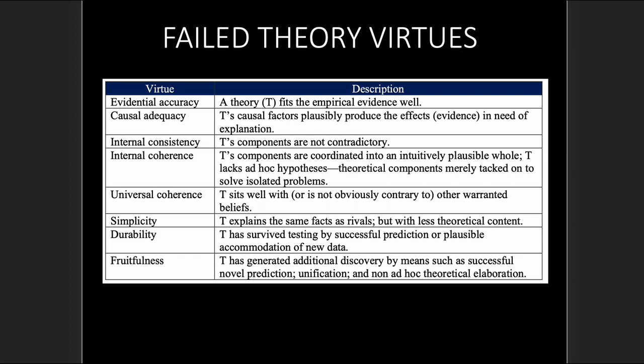What about simplicity? Well, no, clearly not. The many explanatory mechanisms once again make the theory far more complex, violating Occam's razor. Durability? No, the theory does not survive testing by successful prediction. That's not happening. I think fruitfulness, you could argue one way or the other.